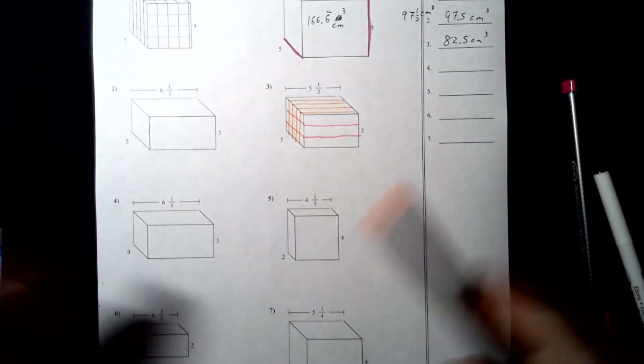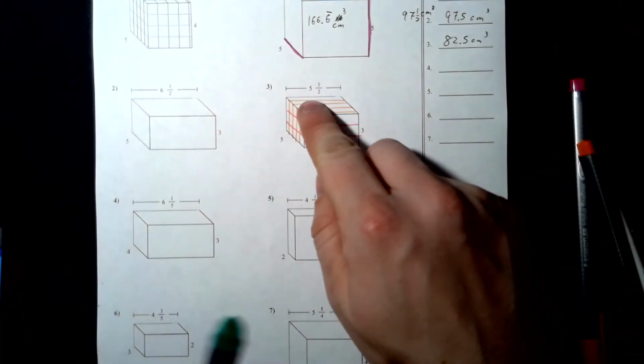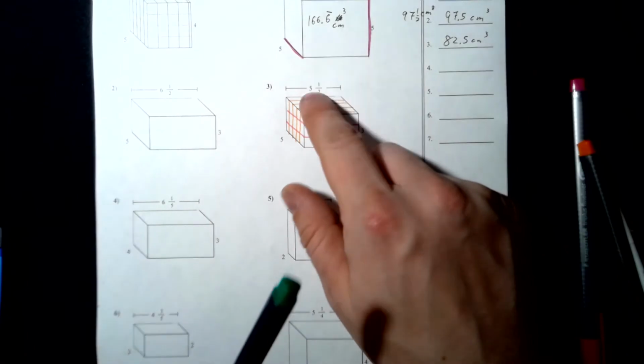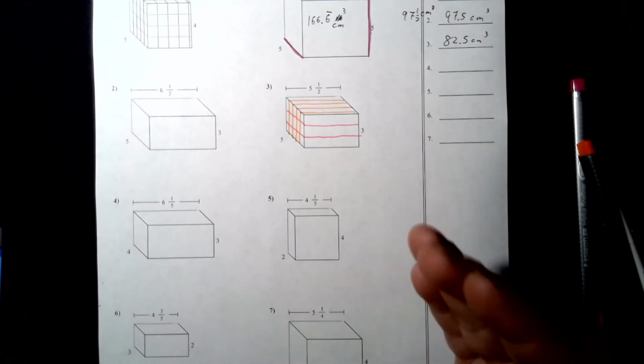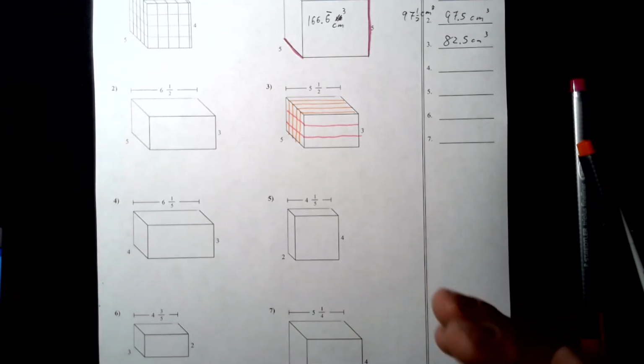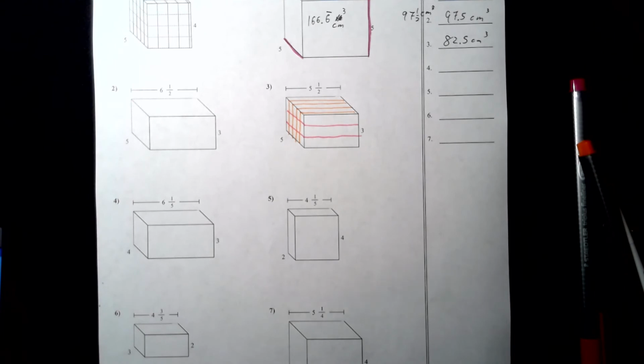So now for the tricky part, we've got 5.5. So 5.5 sections. I'm going to have 5 full squares, but I'm going to have 1 half square. The easiest way to do that is to draw all of my half sections.